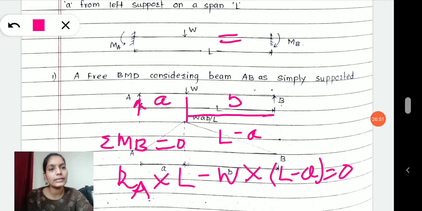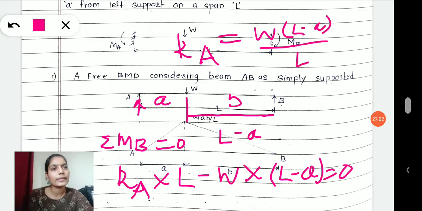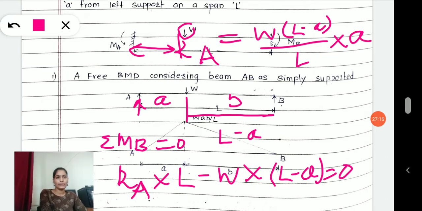RA equals to W into L minus A divided by L. That is your RA. And what will be the moment at this W? That is RA into A.